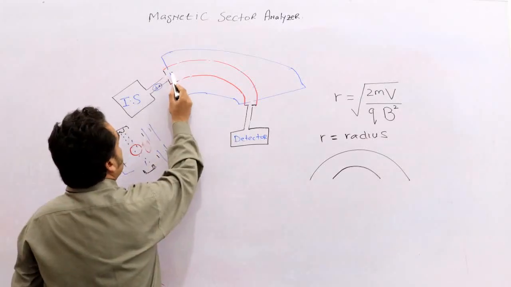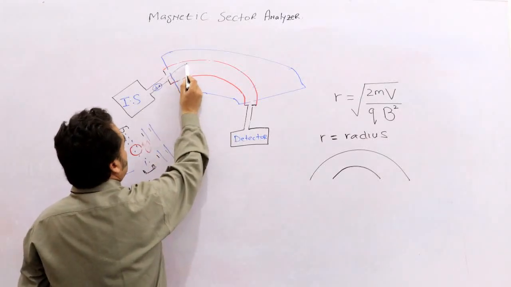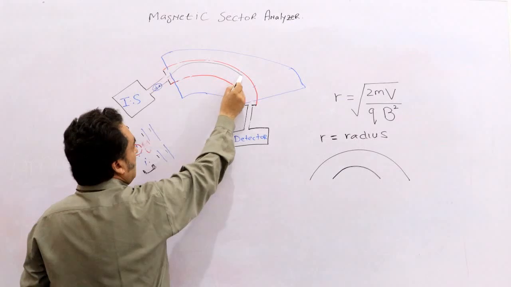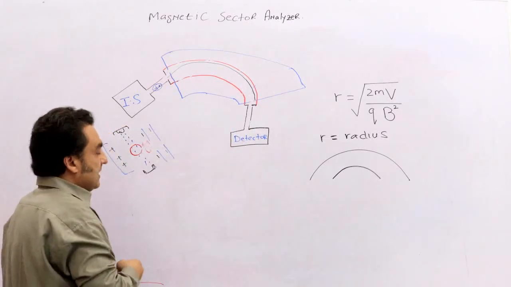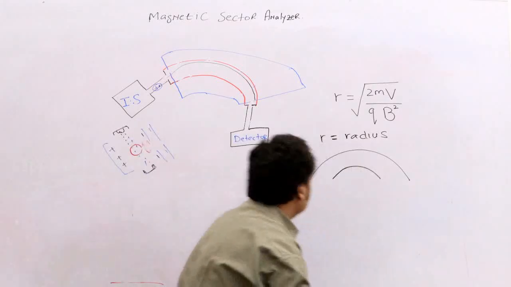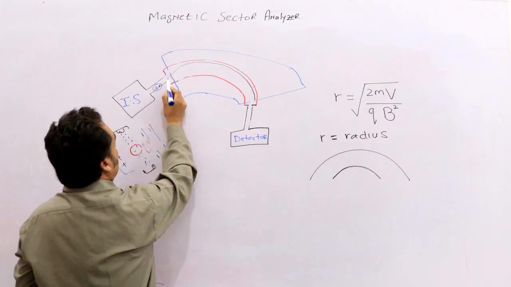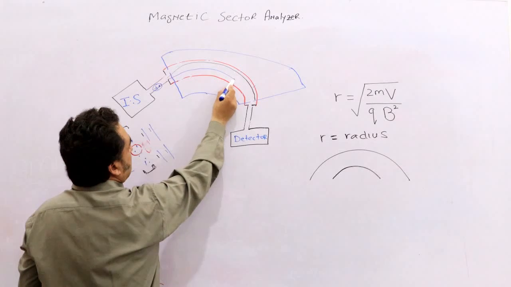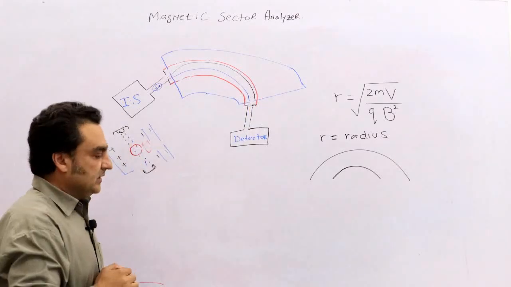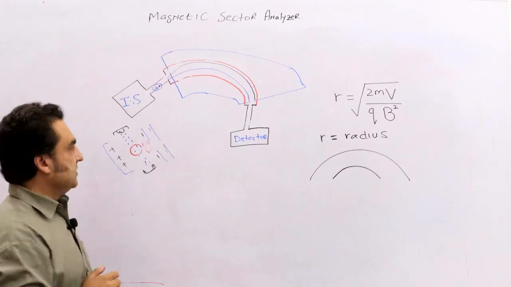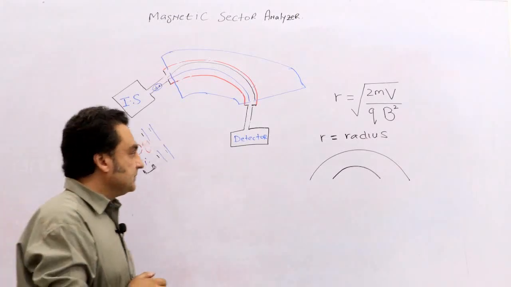Suppose this is a radius. If some particle is moving here, it is a big radius. Now the blue one, look at this. This is a bit smaller, and you will come to know what these things are.